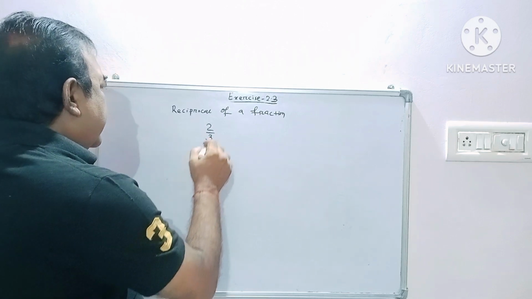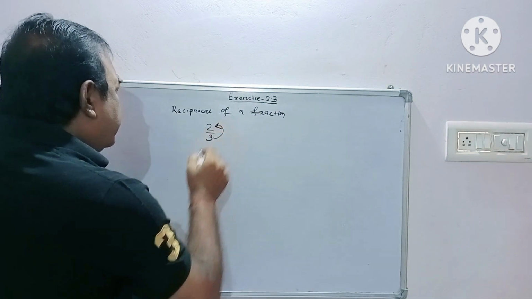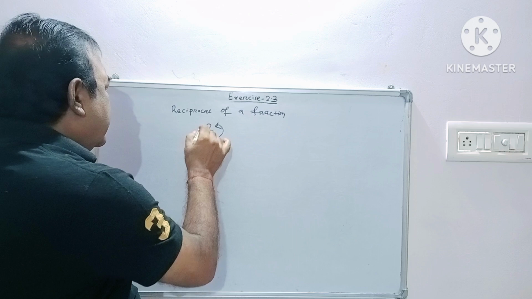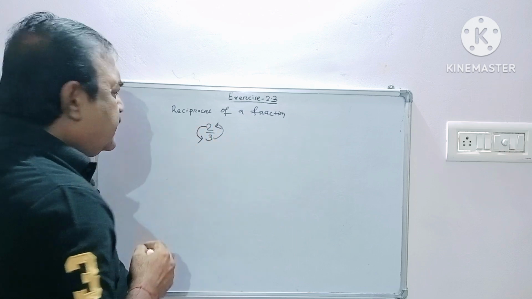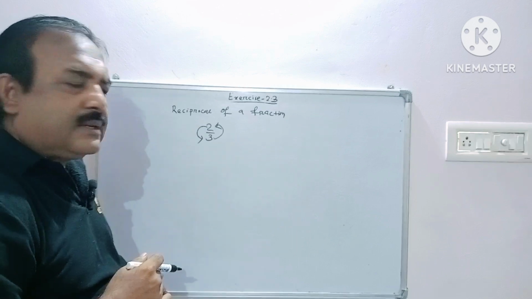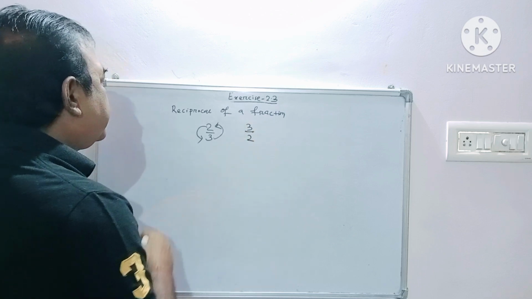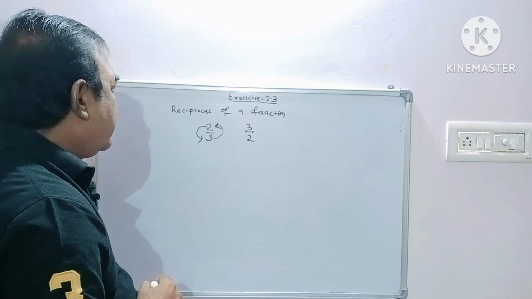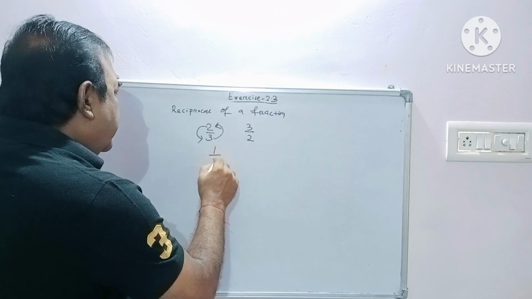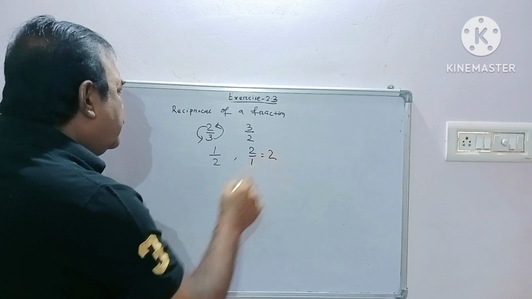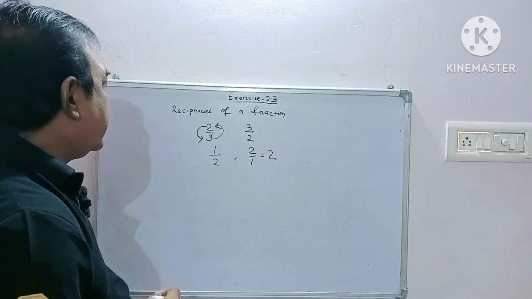That means you have to take the digit of the denominator and place it in the place of numerator, and the digit in the numerator you have to place in the denominator. So that will be 3 upon 2. So this is the reciprocal of the fraction. Okay, so if it is 1 upon 2, that is 2 upon 1, that is equal to 2. So this is the reciprocal.